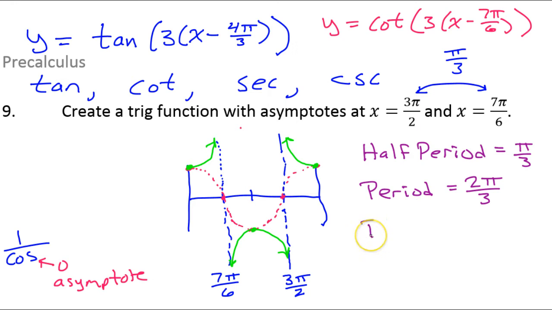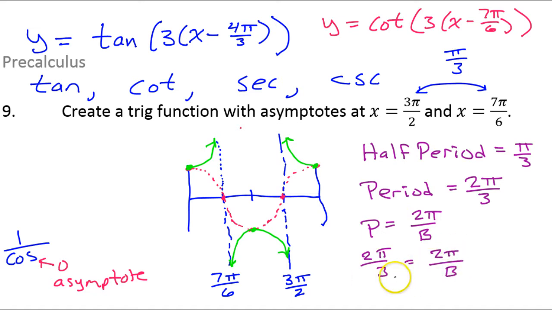Remember how the period is always the normal period divided by the b value. For cosine and secant, the normal period is 2 pi. So if the period is 2 pi over 3, then 2 pi over 3 is equal to 2 pi over b.